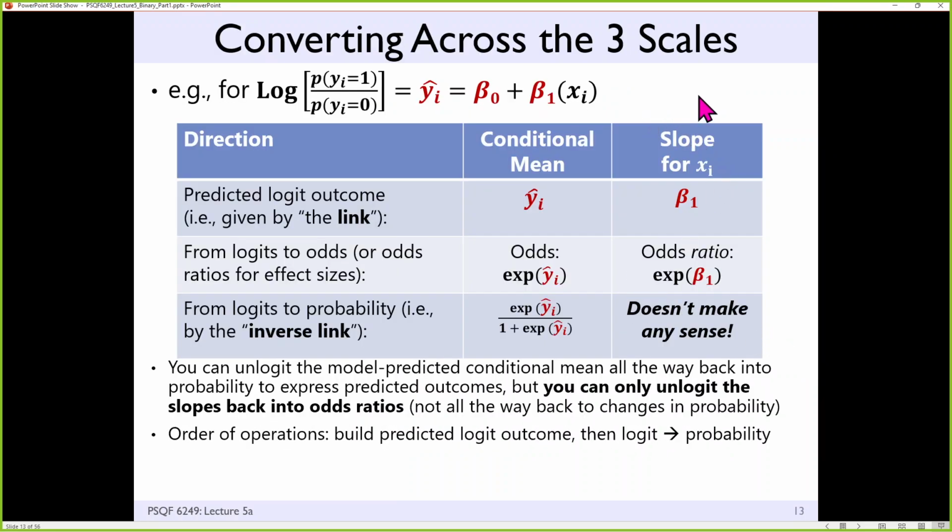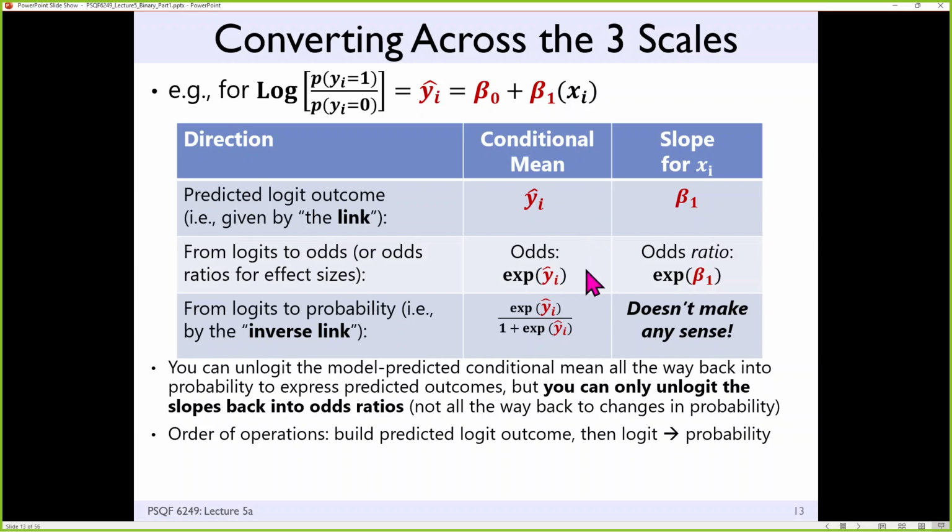Okay. So here are the rules for what you can and can't do across the 3 scales. If I have this model here, I can predict an expected logit for any value of my x predictor. We're going to call that y hat in logits. So I can report that, but nobody knows what a logit is. So I have 2 choices in terms of how I can re-express that prediction.